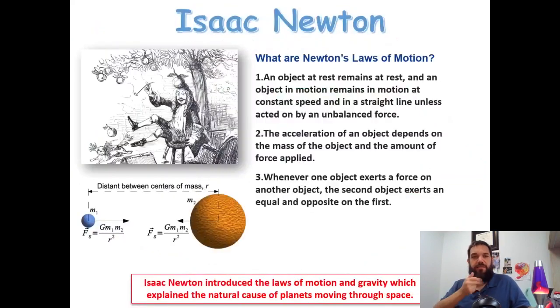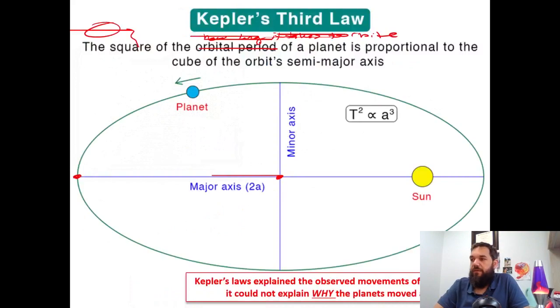Now, the second to last scientist I want to talk about is Isaac Newton. While he didn't do a lot of astronomy, what he did do is work on physics. And I want to point something out about Kepler before I move on: even though Kepler formulated these amazing planetary motion laws, he had no idea what powered the motion of planets through the heavens.